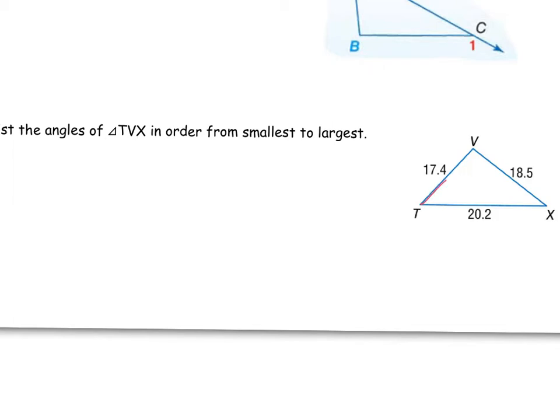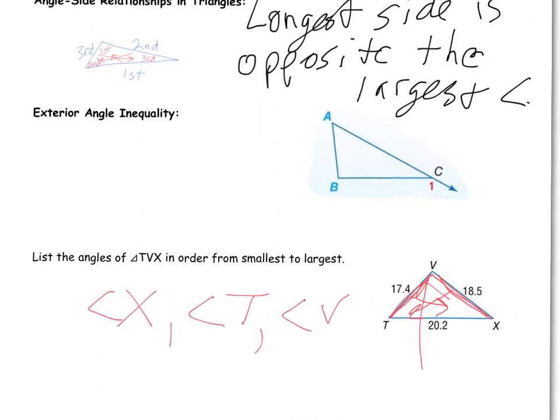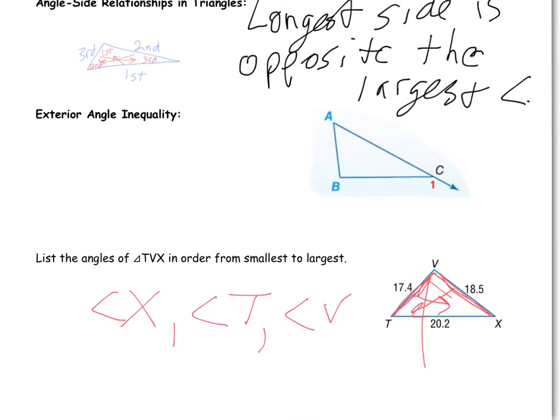This right here, VT, is the shortest side, so it is opposite the shortest angle, which is angle X. This is the next smallest side, so it's opposite the next smallest angle, which is angle T. And 20.2 is opposite V. Okay? We'll look at another example here in a minute, but first let's talk about this exterior angle inequality.